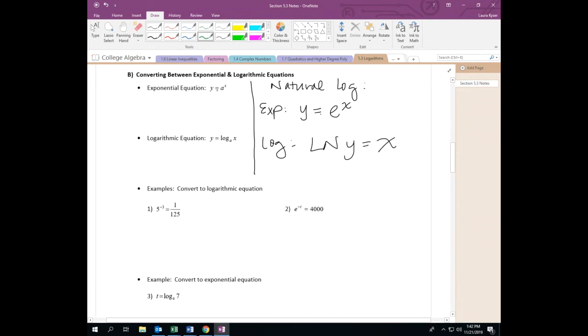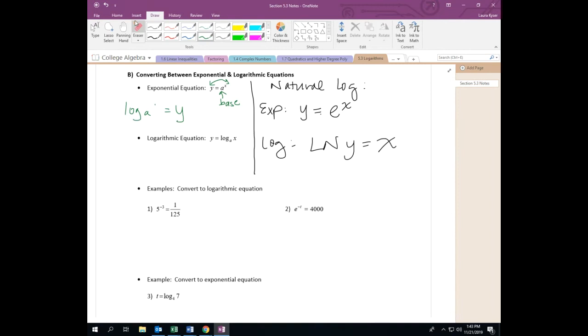So in an exponential equation, the base of the exponential becomes the base of the log, the little tiny number next to it. And then the other two pieces of the equation are going to switch locations. The x is going to detach itself from the a and go over to the side by itself, while the y is going to come over and attach itself.